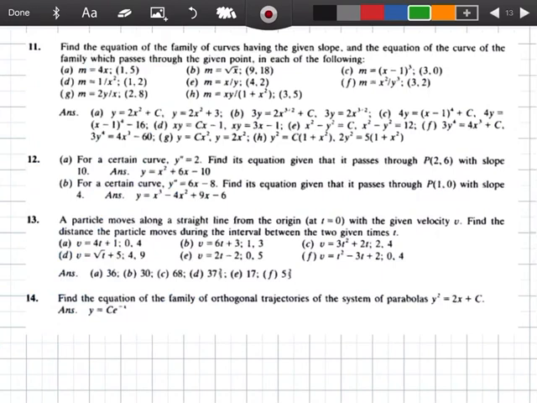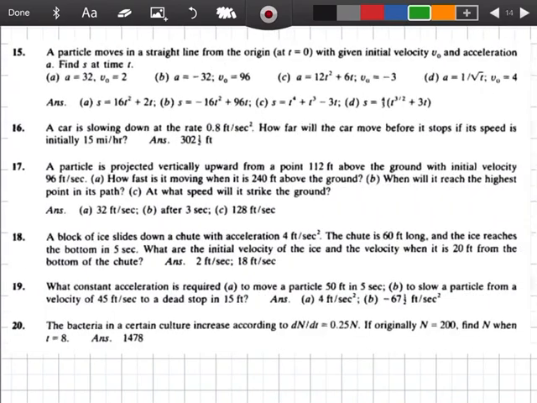So, this one, class, you're going to solve given yung question and then given yung answer. You'll just have to prove the answers. So, this is 11 to 20. And then, we'll proceed to our next lesson, which is definite integrals. Ibig sabihin nito, ito na yung integral na meron ng limits.